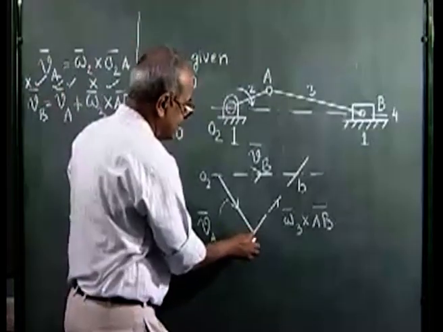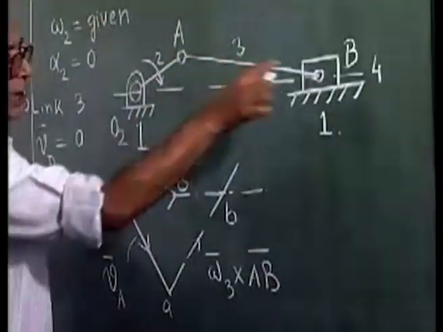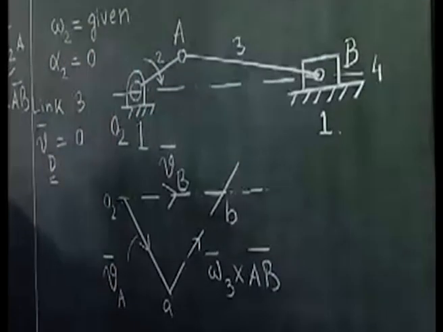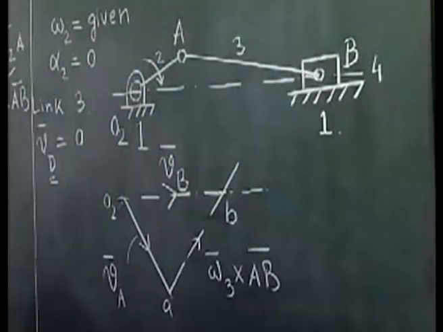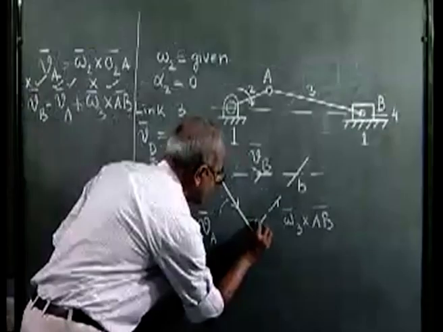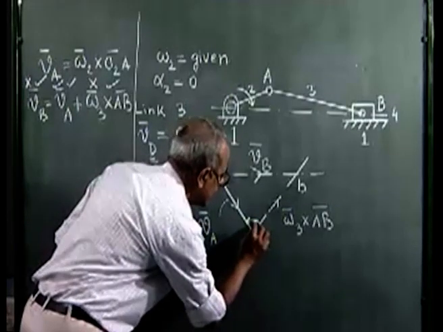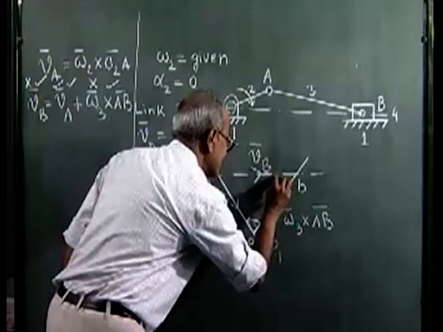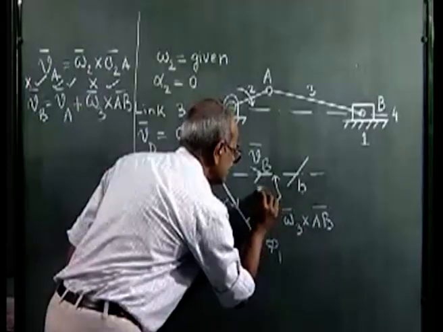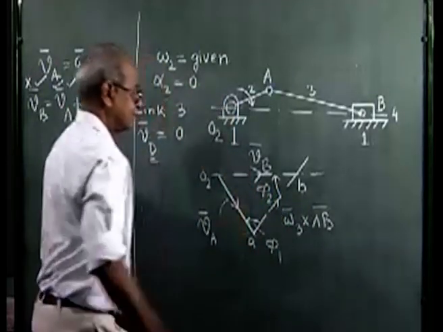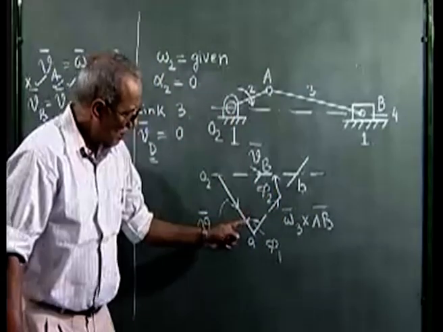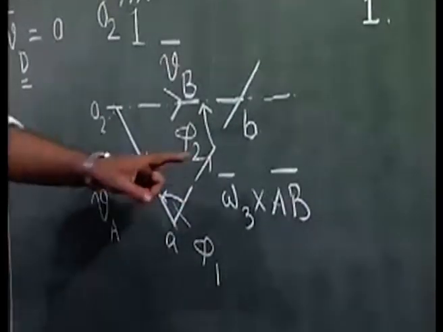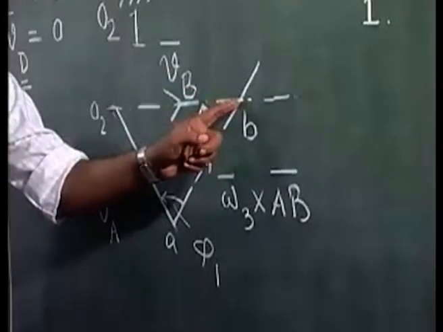As we see, this line is perpendicular to capital AB, and this line is perpendicular to capital O2A. So let me call this angle phi 1 and this angle phi 2. Note the direction: phi 1 is counterclockwise at a and phi 2 is counterclockwise at b.